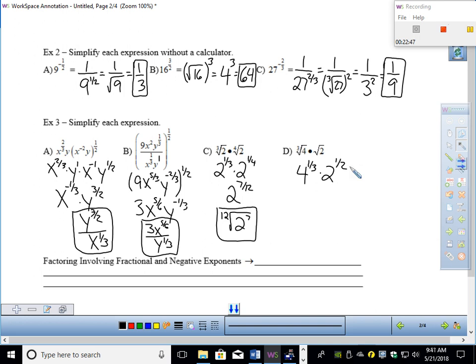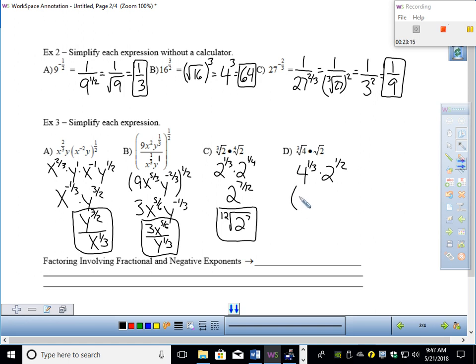And there's not much that jumps out at me at that stage because I can't multiply these 2 together if they're different bases. But it sort of does beg the question, is there a way to write both of those bases in a uniform base? And I'm hoping you would agree that working with the 4 is probably a good way to go because I think of 4 as just 2 squared.